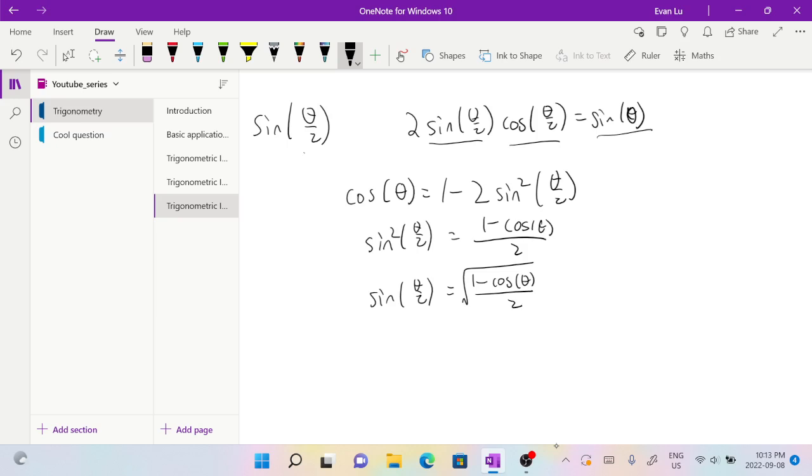Now, there should be a glaring problem here. And the problem is, well, how do I know if the sine of theta over 2 is positive or negative? Well, it can actually be both. And here's the reason why. So imagine I have an angle, right?